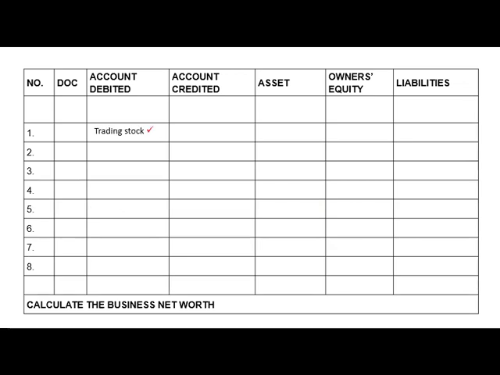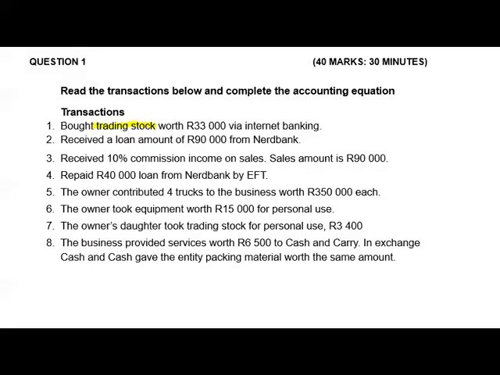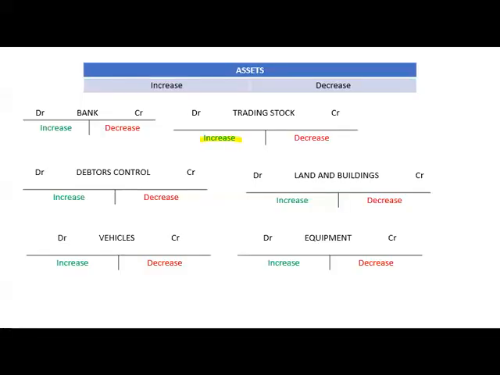I am going to debit trading stock. How did I buy that trading stock? They said I bought it via EFT, right? Since I bought it via internet banking, I will credit bank because bank is affected. And I credit it because it is an asset and assets decrease on the credit side.